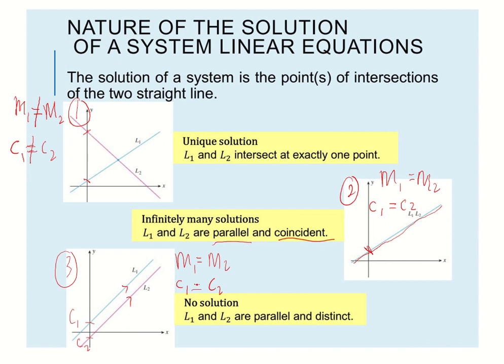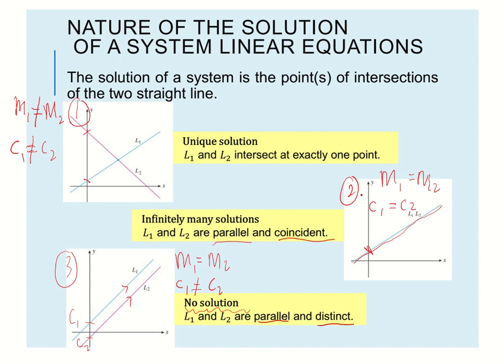No, they are not the same. Therefore, from the system of linear equations, we can see the slopes are equal, but the y-intercepts are different. Therefore, we know line 1 and line 2 are parallel and distinct, and the system has no solution.